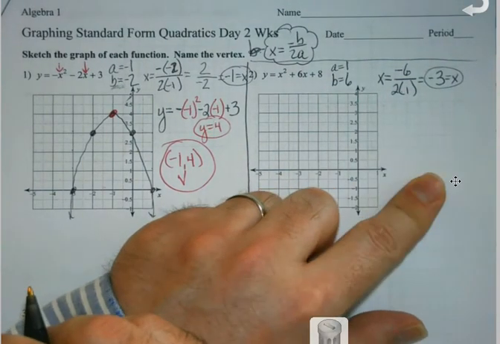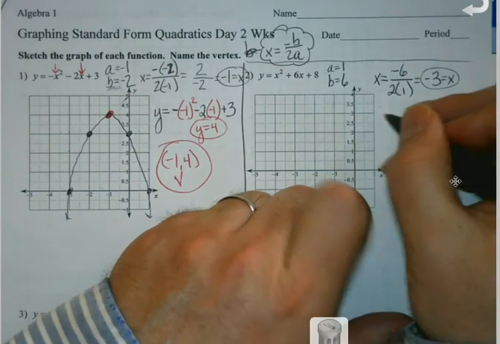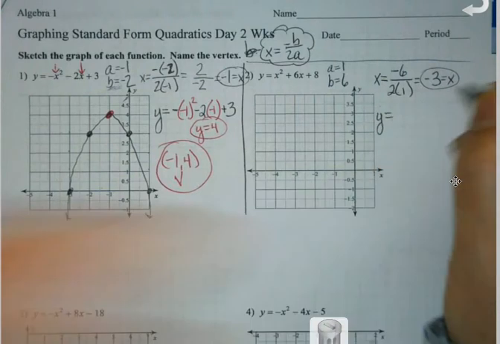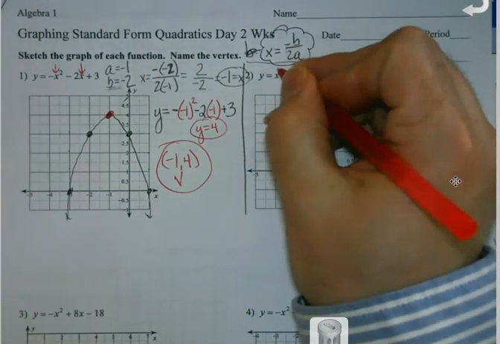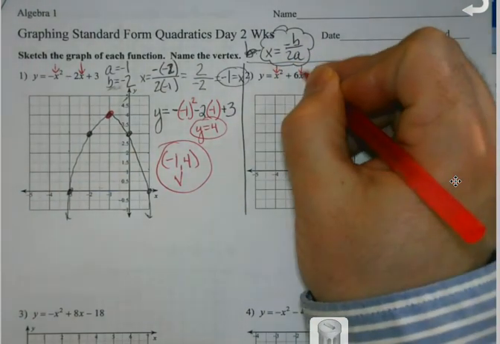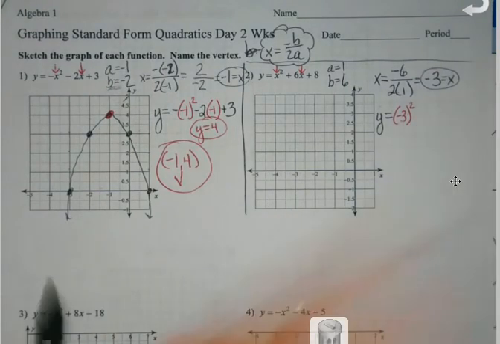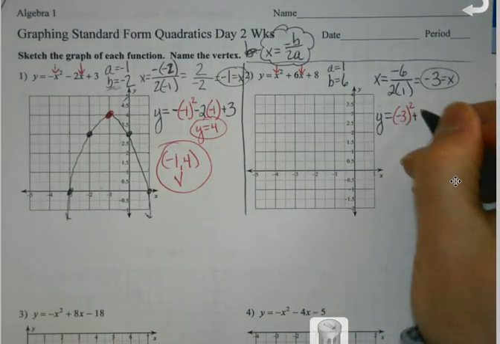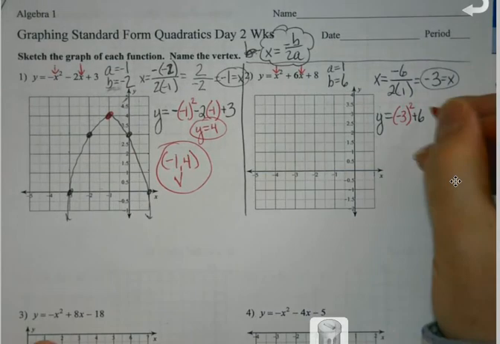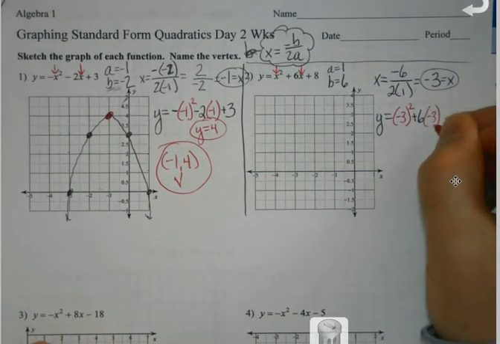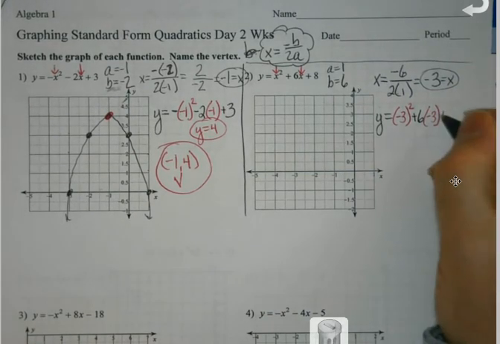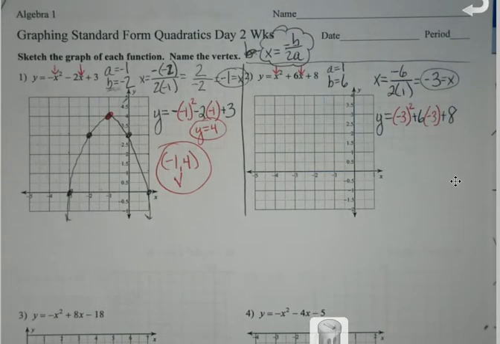And then just like we did before, to get my y, I'm just going to plug that negative 3 in where these are at. Now again, I always want to use parentheses, even if it's a positive number, because it gets me into a good habit so I don't get myself into trouble by getting a sign mix-up.